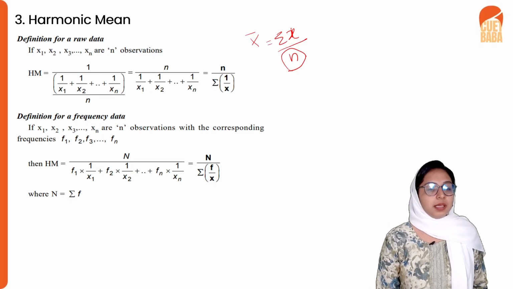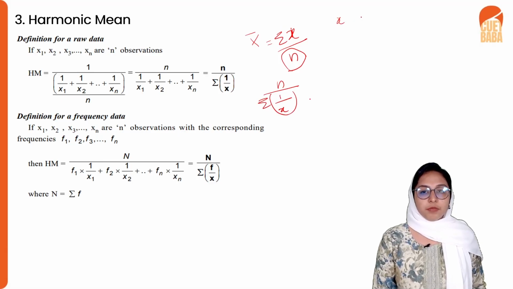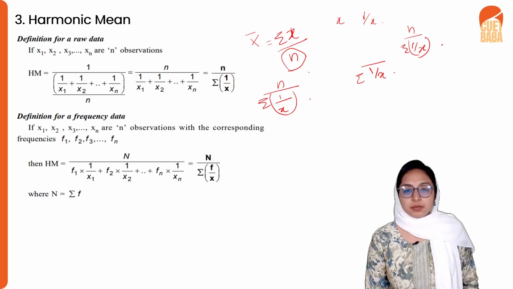Here we can see the harmonic mean equation is nothing but n divided by summation 1 by x. That is, if we have data x, we have to find 1 by x and its summation, and then divide n by that number.